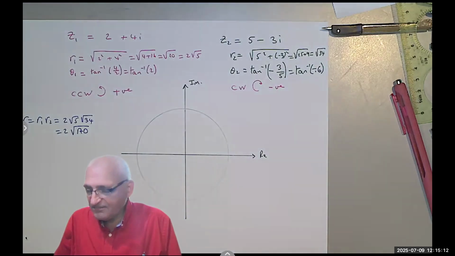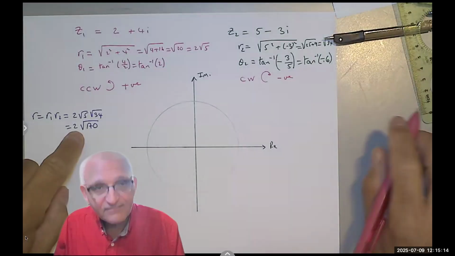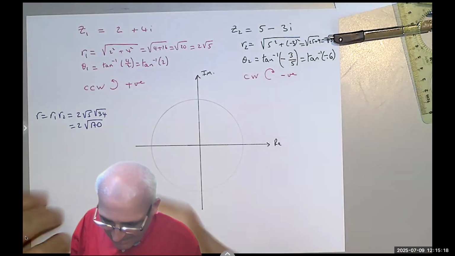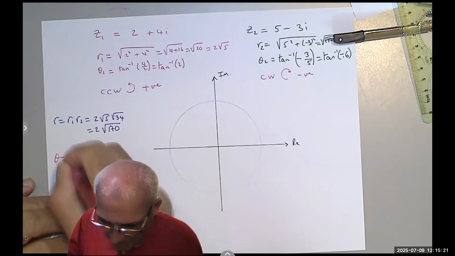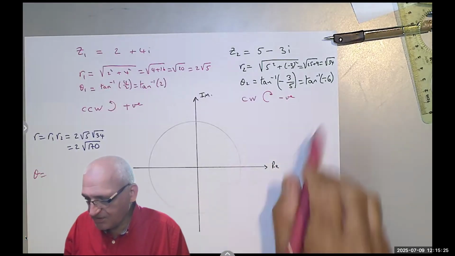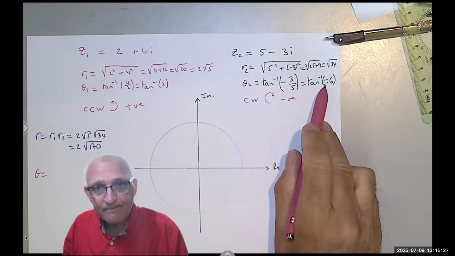And we can easily find it: I already found the length, and now I can find the angle. The angle theta would be theta 1 plus theta 2, but theta 2 is negative, right? It's a negative angle.